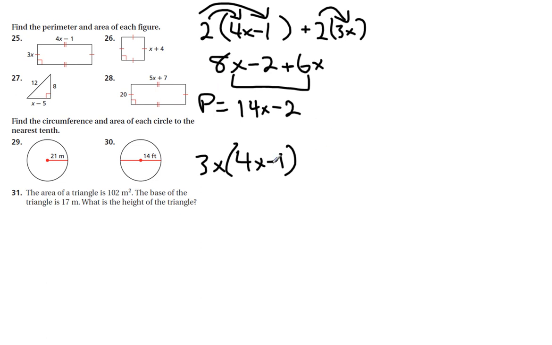So we can distribute again. 3x times 4x is 12x squared. Very good. 3x times negative 1? Negative 3x. Alright.